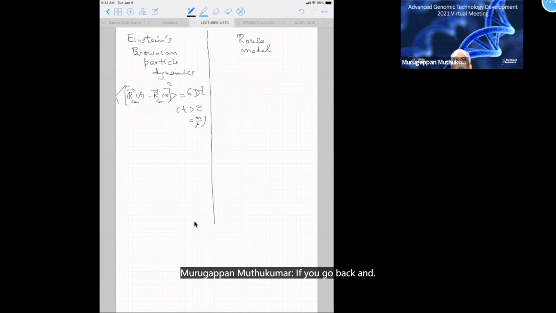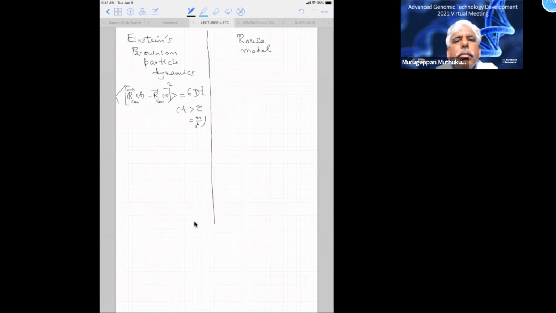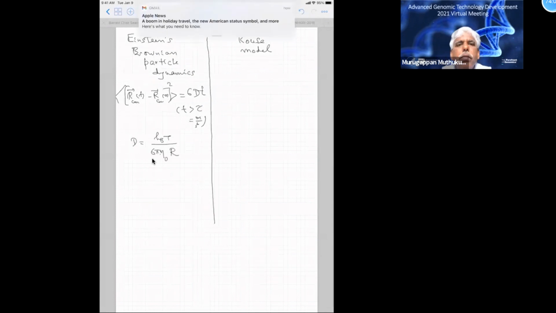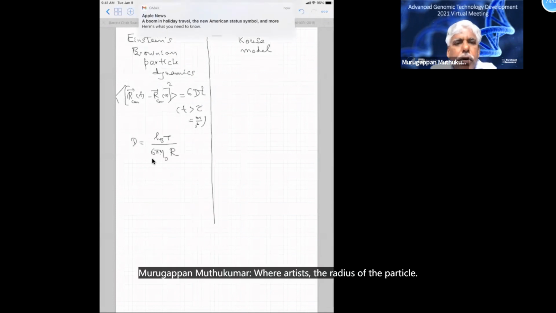If you go back and look at it, when t is larger than tau, we got the diffusion. And then we said this diffusion coefficient is equal to kBT by 6 pi eta naught R, where R is the radius of the particle.